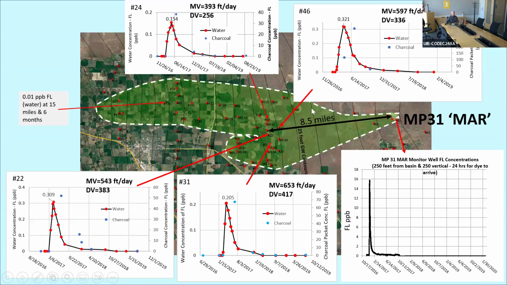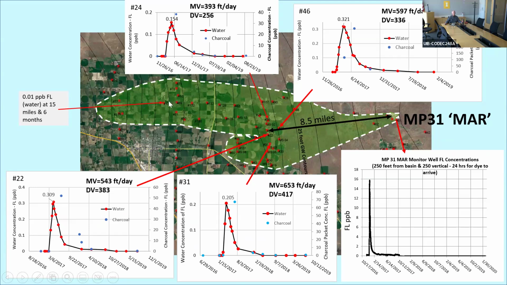These breakthrough curves and this distribution of the dye cloud were a snapshot at 6 months into the trace. We actually detected dye in water samples out at 19 miles over here on the left edge.